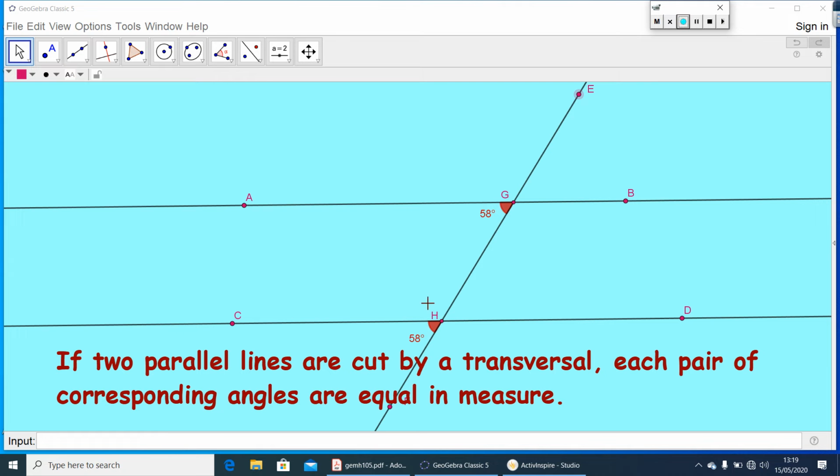So draw this figure and write the statement. First draw a pair of parallel lines, draw a transversal, take any one of the corresponding angle and measure it and write down, and you can find it out. If two parallel lines are cut by a transversal, each pair of corresponding angles are equal in measure.